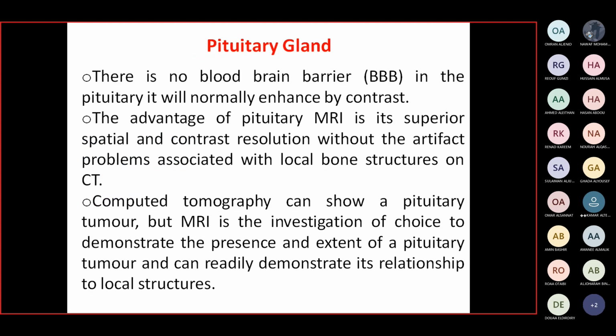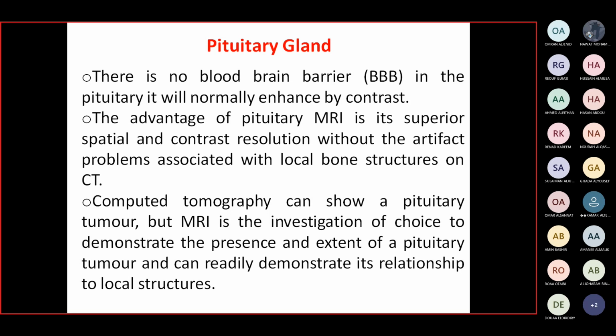We are going to give you brief information about the pituitary gland, concentrating on the imaging of this gland. As you know, there is no blood-brain barrier in the pituitary gland. What does this mean?